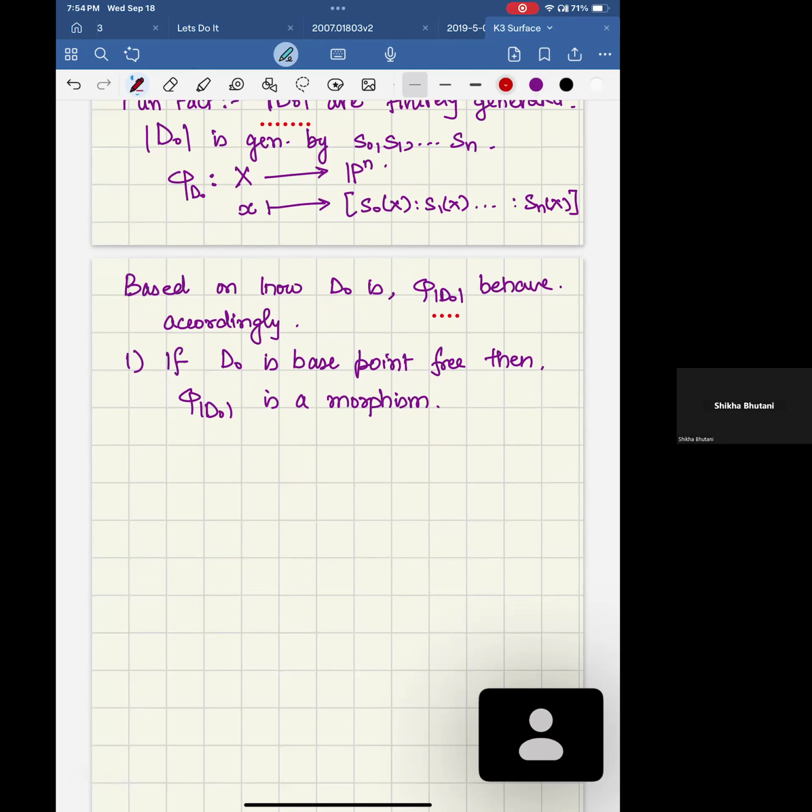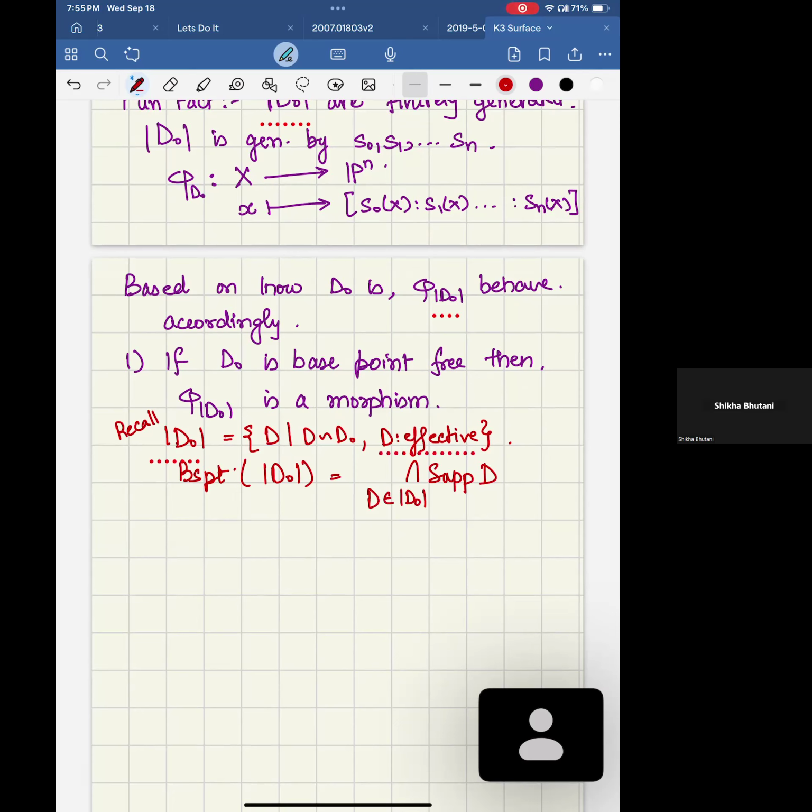So recall that we have defined the linear system corresponding to D naught to be the collection of all the divisors which are linearly equivalent to D naught and which are effective. So what you want to do is associate a set corresponding to this linear system, and call it the base point set. You take the intersection of the supports of all the divisors D that appear in this linear system.